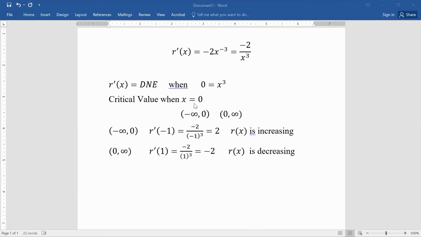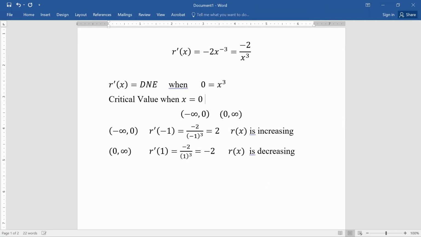The fact that this was a critical value was great, but we got the critical value because the r prime did not exist. If you remember, the maximum and minimum values have to occur on intervals where our function is differentiable. So this was a little bit of a trick.